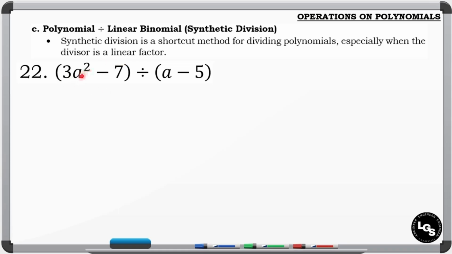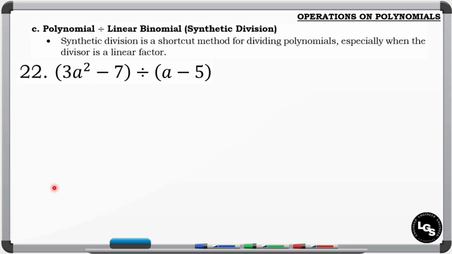So what we have done a while ago is to arrange the dividend. In this case, it is already arranged. And you will notice that one term is missing. The leading term is a squared, so there should be an a term. So a squared, then a, then the constant. But in this given, there is no a.